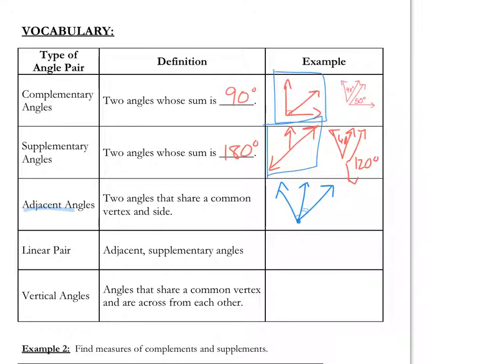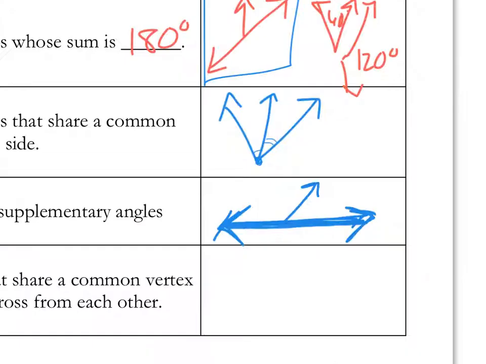A linear pair are adjacent supplementary angles. So adjacent supplementary angles look like this. A linear pair, the word line is in there, so it needs to form a line. So there is my linear pair. Vertical angles are angles that share a common vertex and are across from each other.